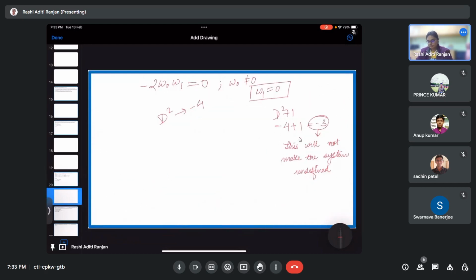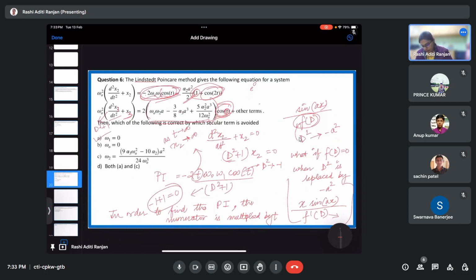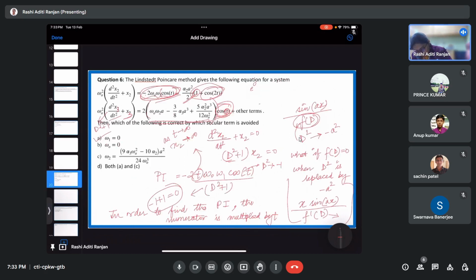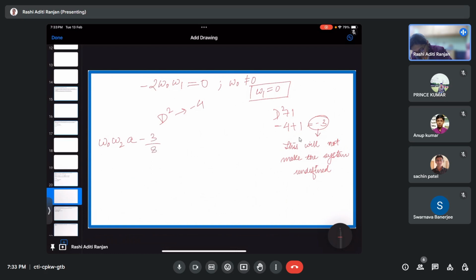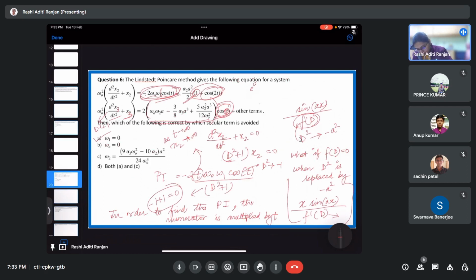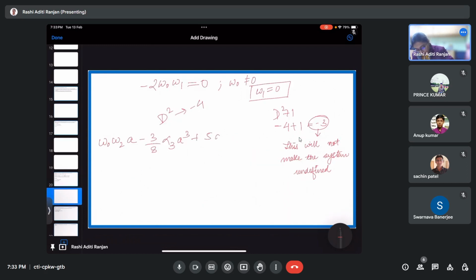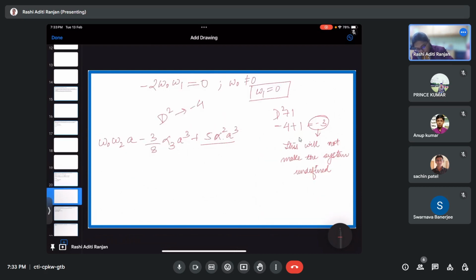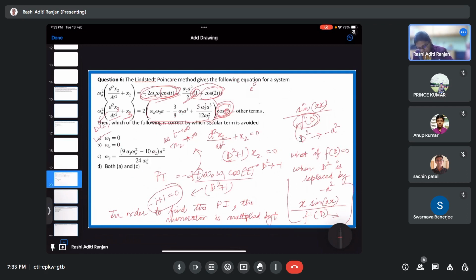So what is the expression? Omega naught omega 2 a, I have minus 3 by 8 alpha 3 a cube, then I have plus 5 alpha 2 square a cube. Here it will be alpha 2, I guess. Yep. 12 omega naught square.